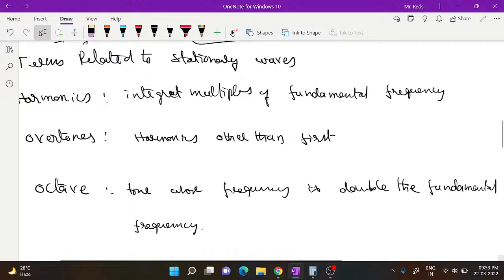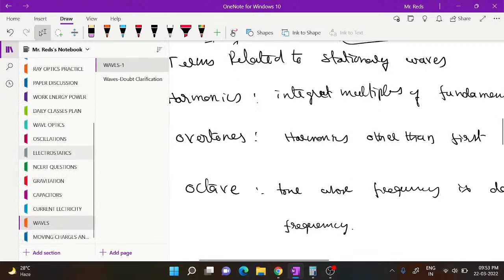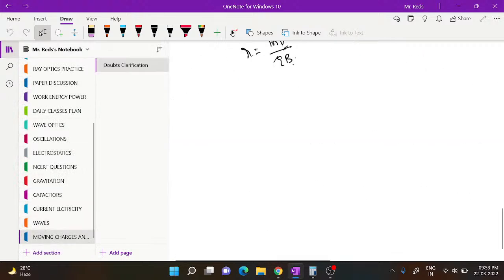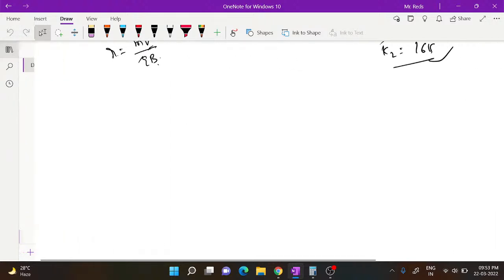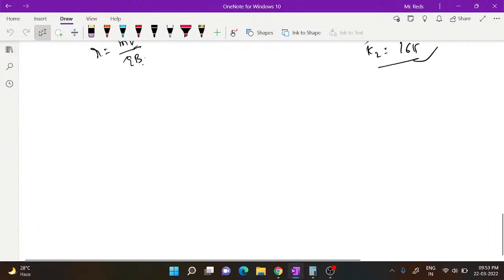So what you can understand here is, if the direction of the magnetic field is outwards, the direction of circular motion will be anti-clockwise. How it is anti-clockwise is the question, right?